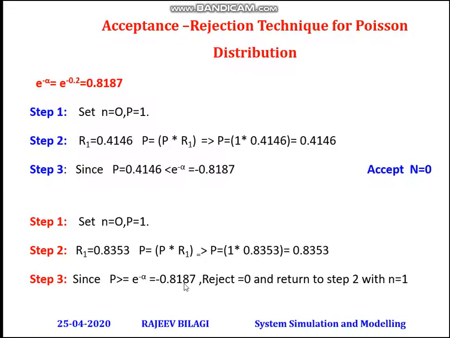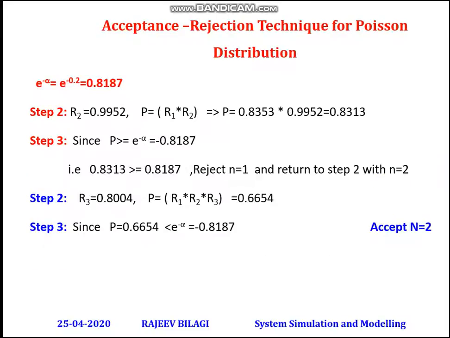What value are you getting? So I will reject that particular value and return to step 2 by increasing the value n is equal to 1. Okay. So now n is equal to 1. Now again go to step 2, R2 is 0.9912.